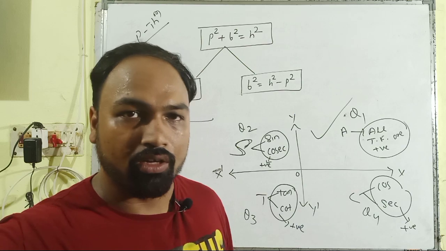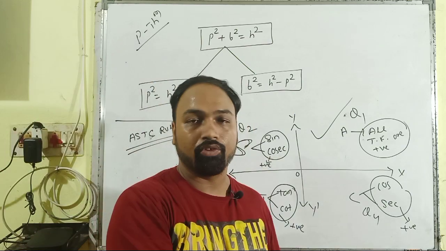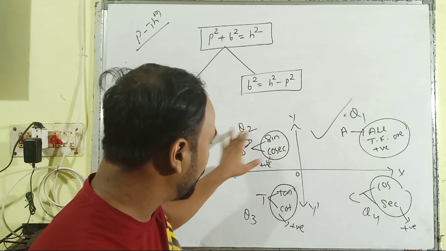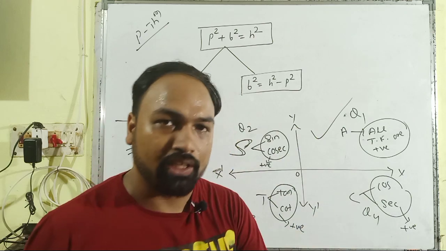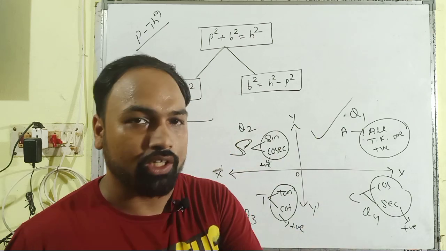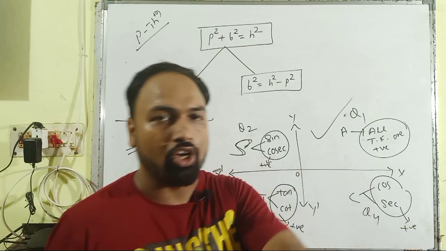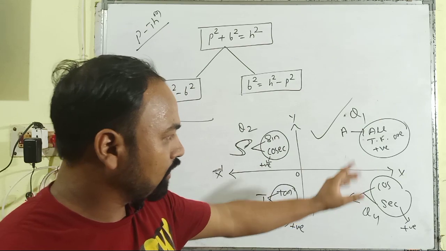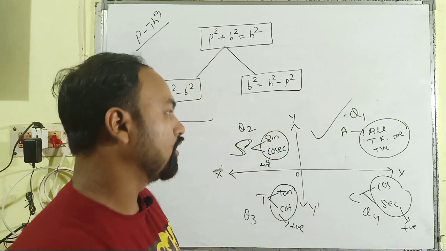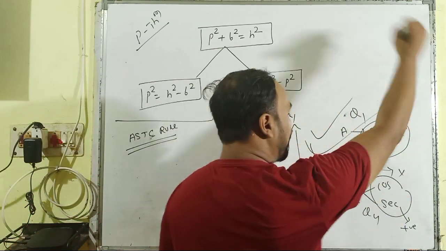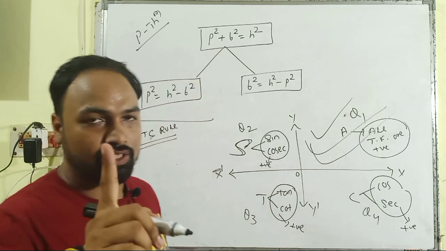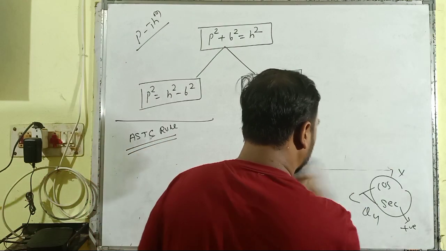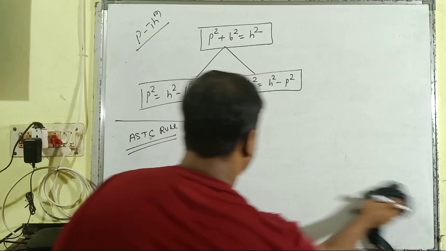In the next video, we will find the values of the trigonometric functions in all 4 quadrants, and we will see whether each function carries plus or minus according to the quadrant. But in this session, we just have to focus on the first quadrant. So all of the trigonometric functions are positive here. Remember that we are focusing on the first quadrant.